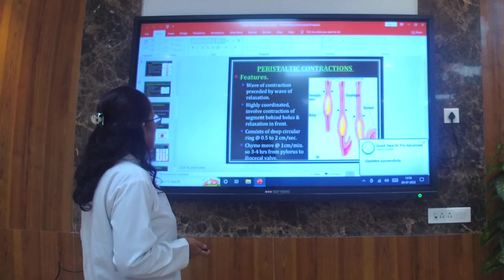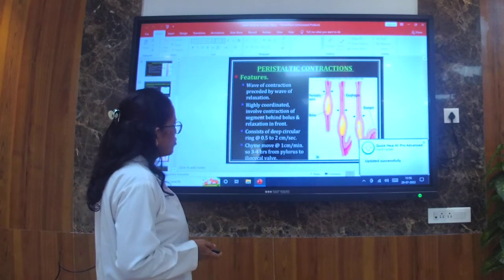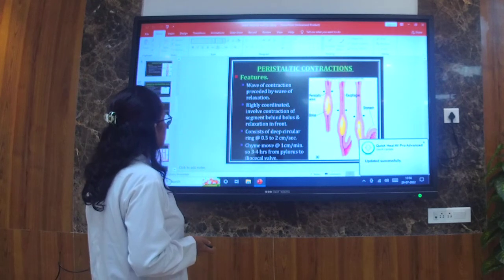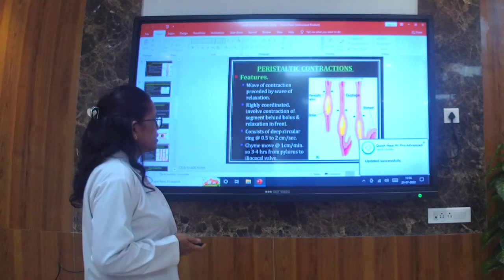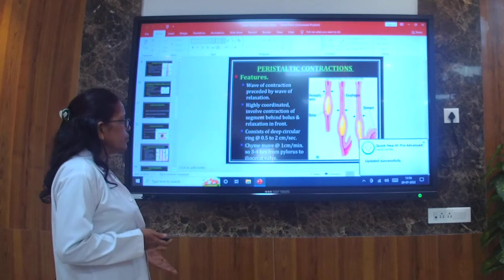Then, what are the features of peristaltic contraction? These are waves of contraction preceded by a wave of relaxation. First the contraction wave, then relaxation.